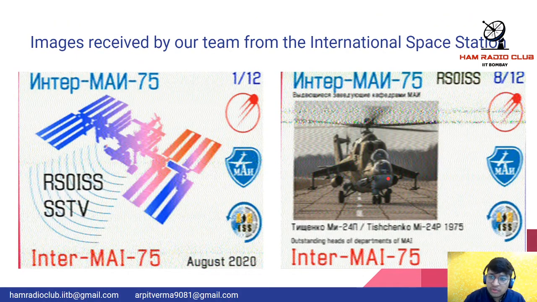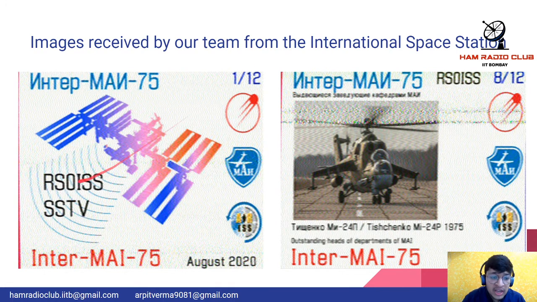Then finally, on the 4th and 5th August, the International Space Station sends some signals which can be decoded into these images. So our team again tracked the International Space Station. For those who don't know, the International Space Station is a satellite which goes around the Earth, and there are astronauts and cosmonauts from Europe, Russia and US all around the year over there.